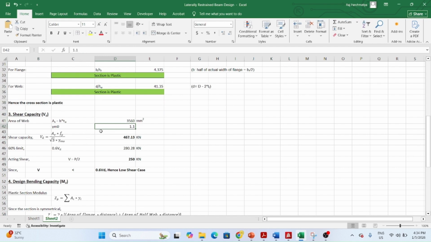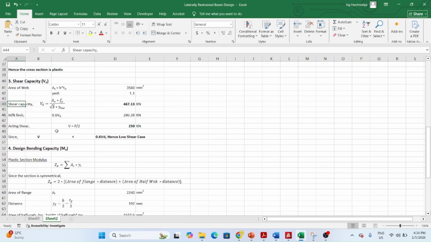Gamma MO, that is the partial safety factor, is 1.1. So shear capacity VD is given by this formula, that is AV fy upon root 3 gamma MO. So my design shear capacity is 467.13 kilonewton. And what is my acting shear? Since it is a simply supported beam and the load is acting at the center, the shear force at the supports is half of the load.